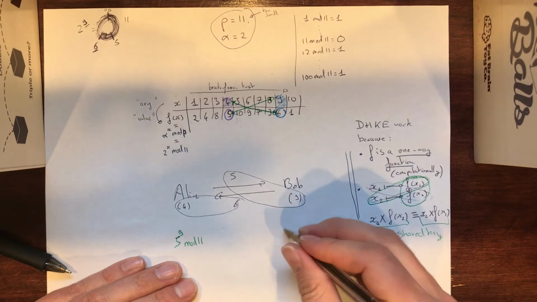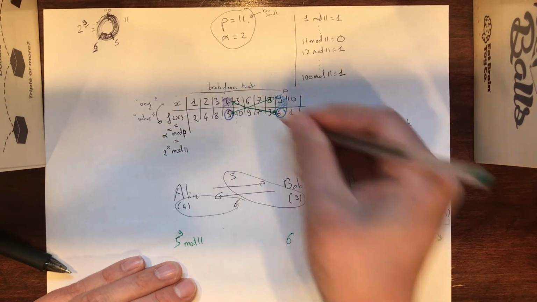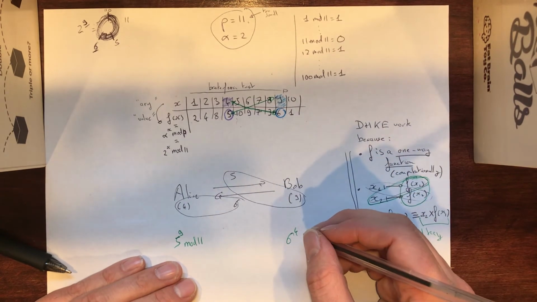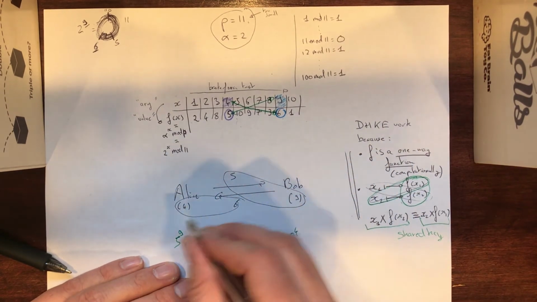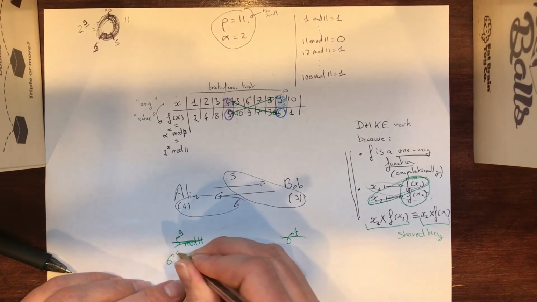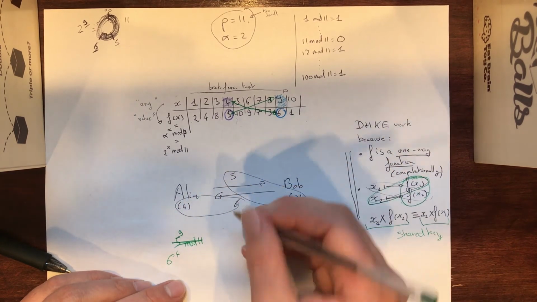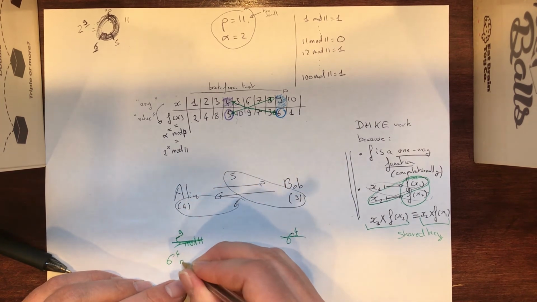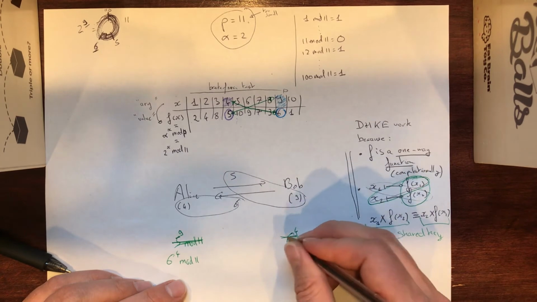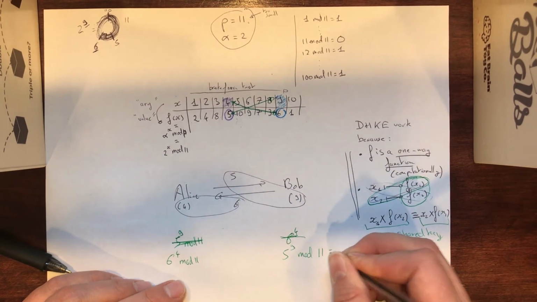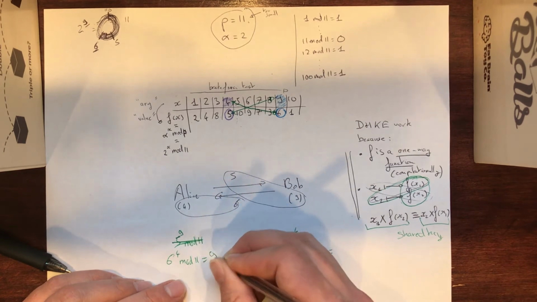And if I compute the same thing the other way, 6 to the power of 4, I have your 6, that's a public key I receive, and I have my own private key. 6 to the power of 4 modulo 11, and here 5 to the power of 9 modulo 11. These are both equal to 9.